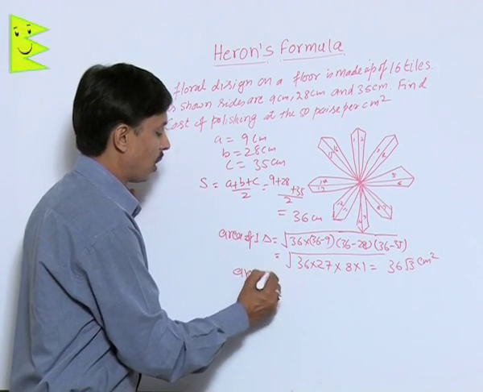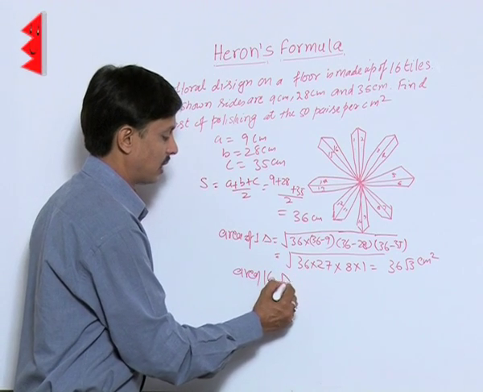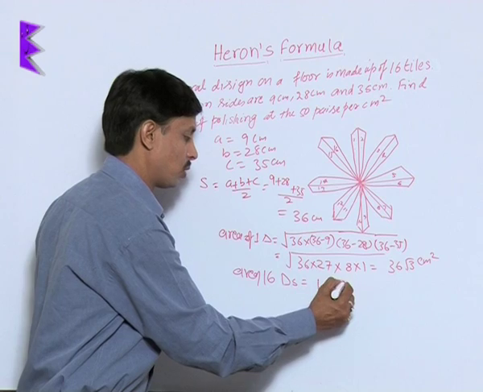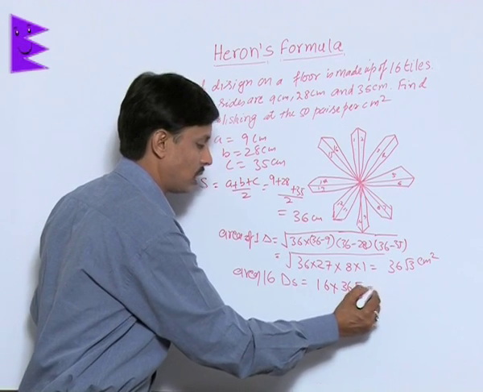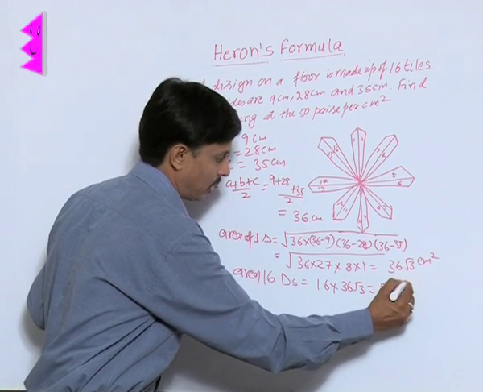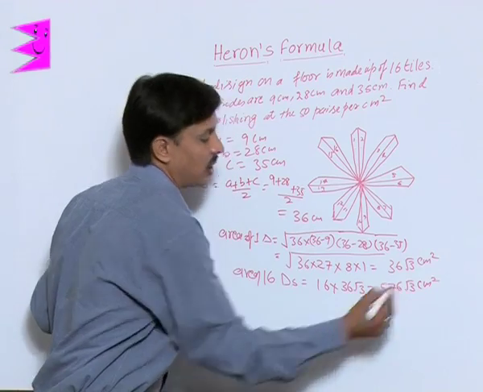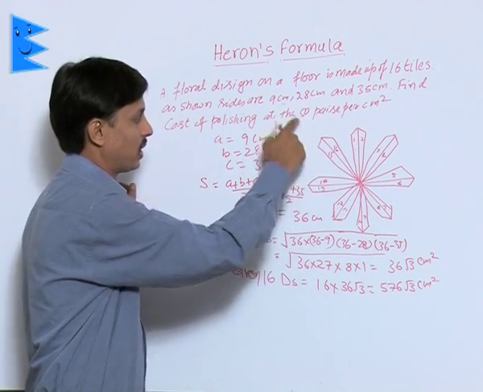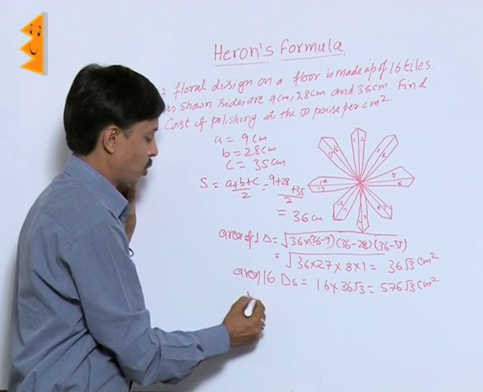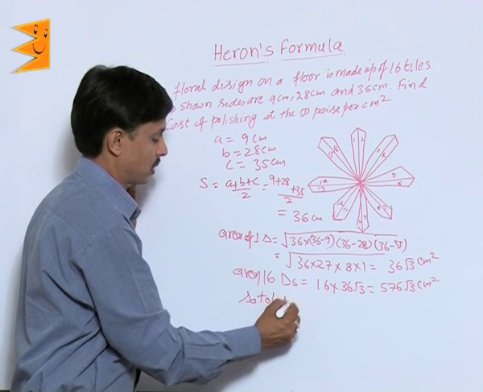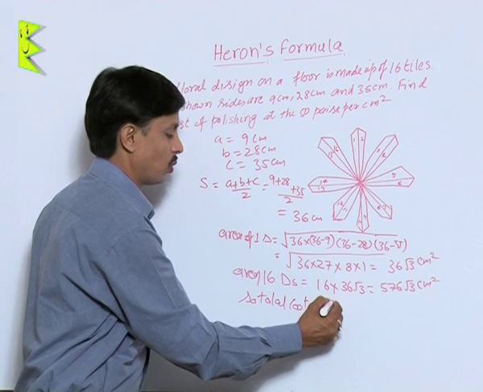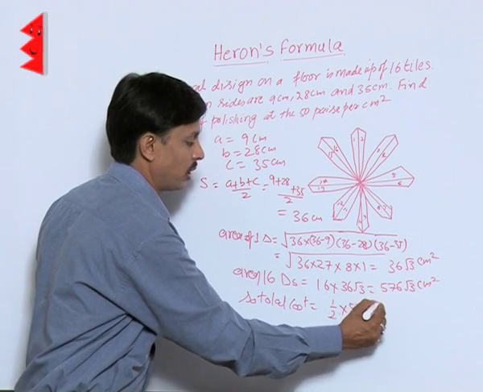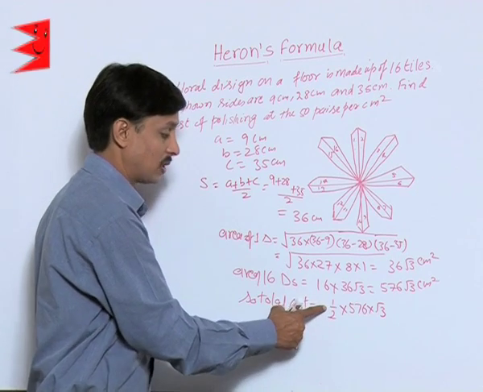Now the area of all 16 triangles, the total design, is 16 into 36 root 3, that is 576 root 3 centimeter square. The cost of 1 centimeter square is 50 paisa. So the total cost is equal to half into 576 into root 3. Half is why?